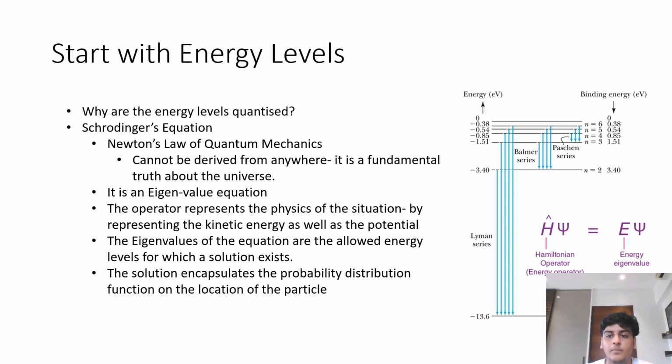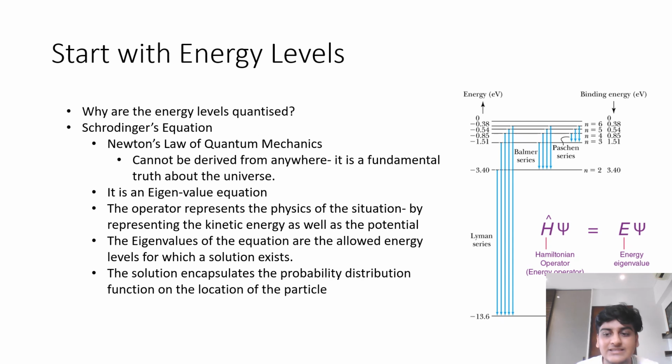So when you have only certain values of psi which are allowed to satisfy this eigenvalue equation based on the Hamiltonian operator, which defines the physical condition of the situation, that means that there are only certain states that an electron is allowed to take. And corresponding to these states or eigenvectors, you have only certain eigenvalues that the electron is allowed to take.